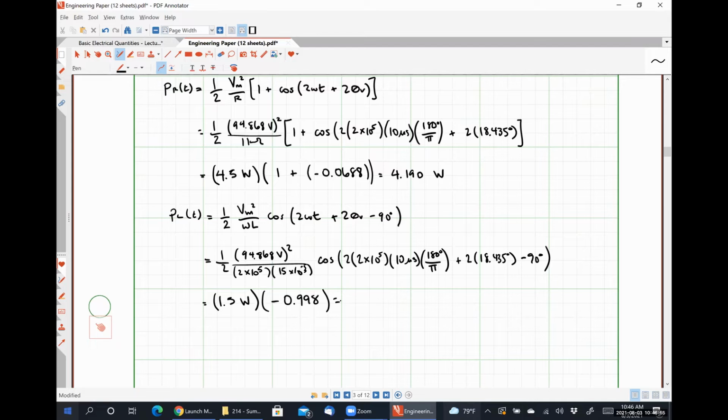And so when I multiply those two quantities together, I get negative 1.496 watts.